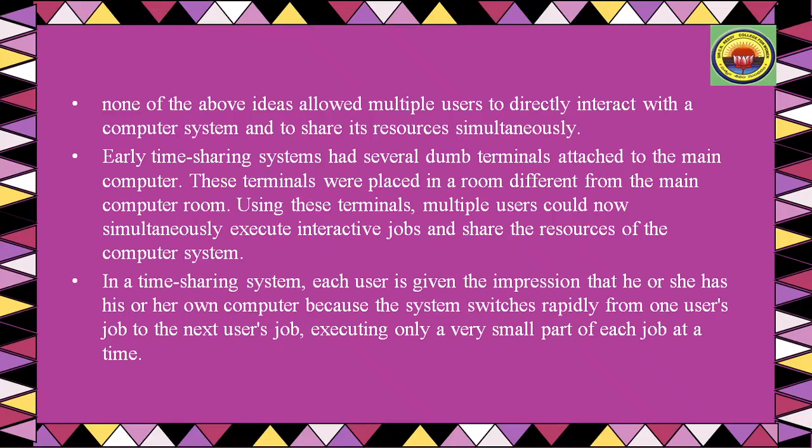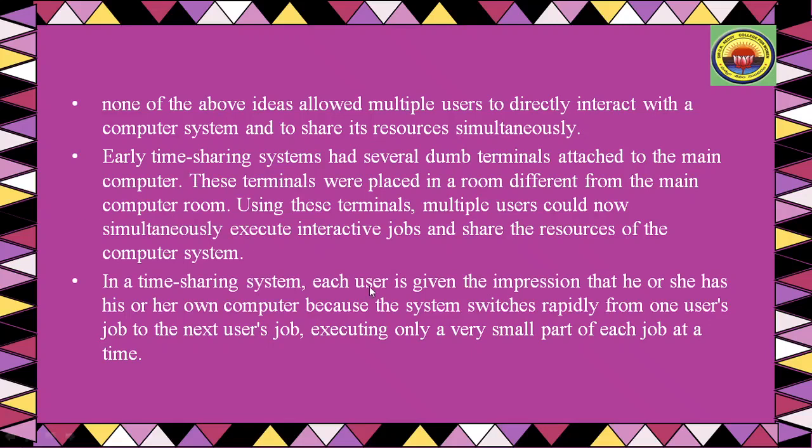Using these terminals, multiple users can execute their interactive jobs simultaneously and share the resources of the computer system. In this mode, people are allowed to share the system resources.